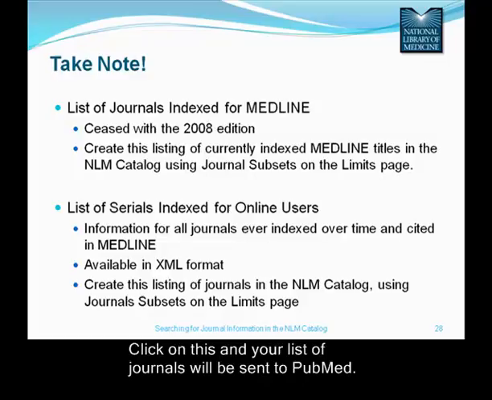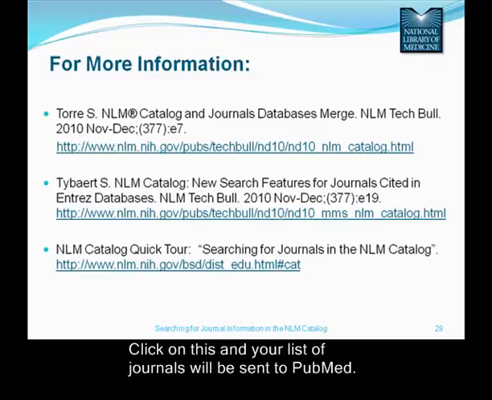Then you just save your journal lists to a file, and you can then manipulate it as you want once you've downloaded the listing. If you'd like more information on journal searching in NLM Catalog, we have two NLM Technical Bulletin articles from the November-December NLM Technical Bulletin, and we also have the NLM Catalog Quick Tour, Searching for Journals in NLM Catalog.